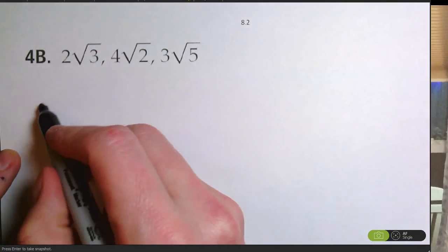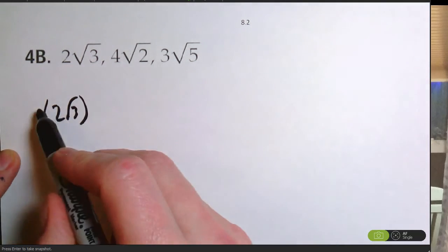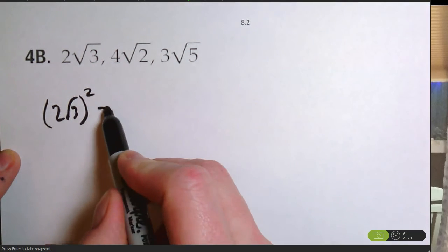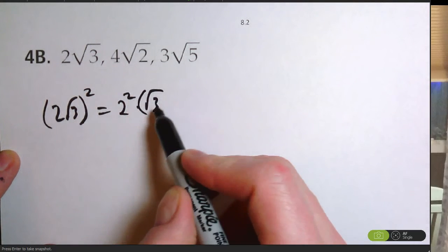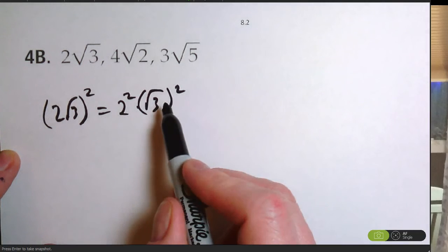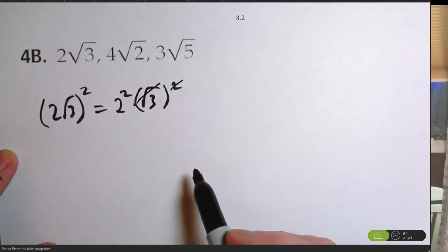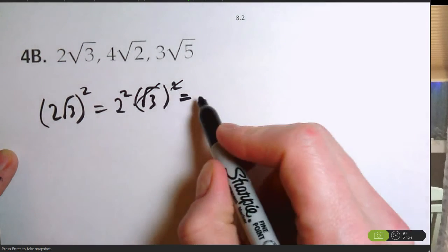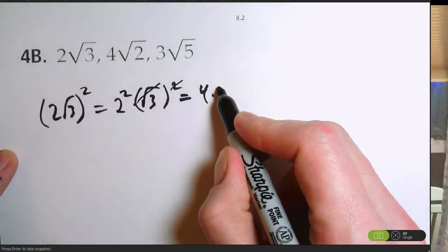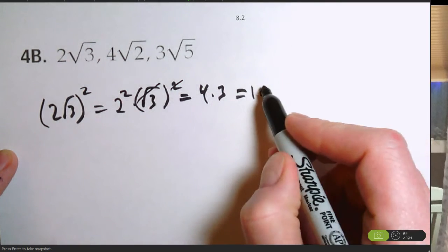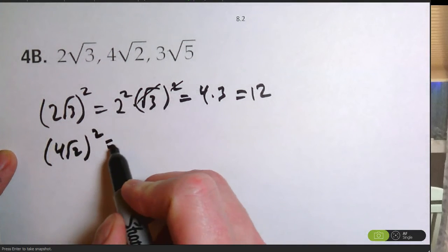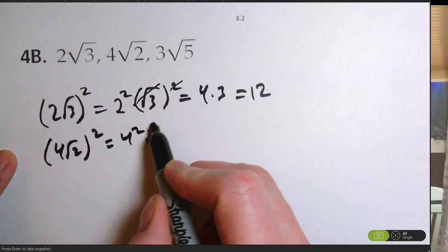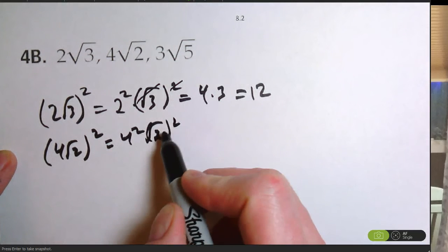So, when I square a radical, what that means is I square both parts. I square the 2, and I square a square root. And one of the things you should have learned in Algebra 1 is if you square a square root, it cancels it off. So I get 2 squared, which is 4. Square root of 3 squared is 3. That's 12. Okay. Do the same thing for the other two. 4 squared, root 2 squared.